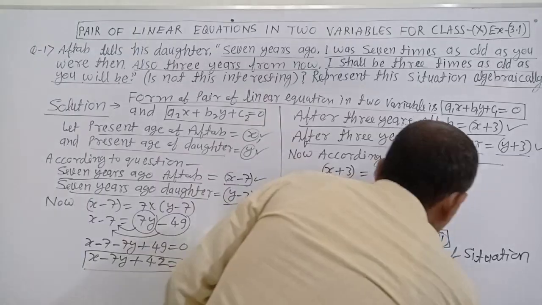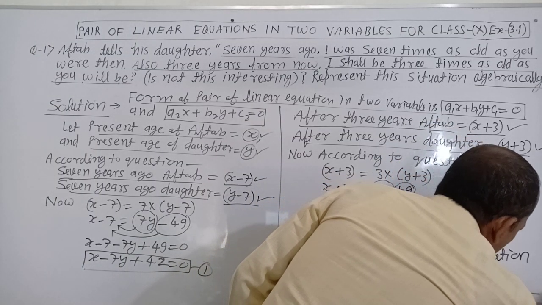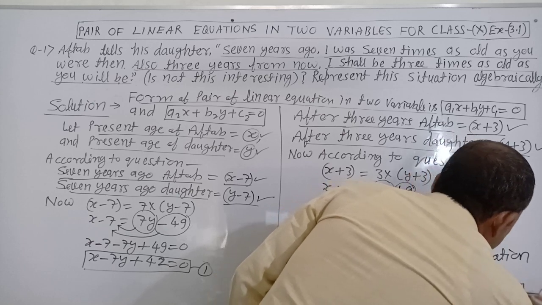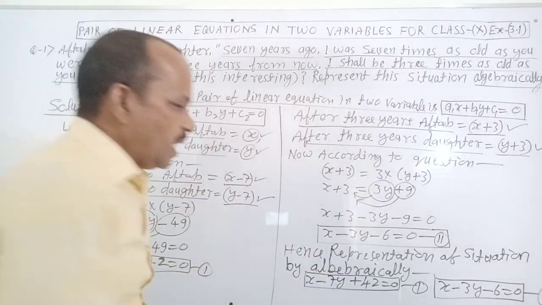Second, x minus 3y minus 6 equal to 0. It is your answer.